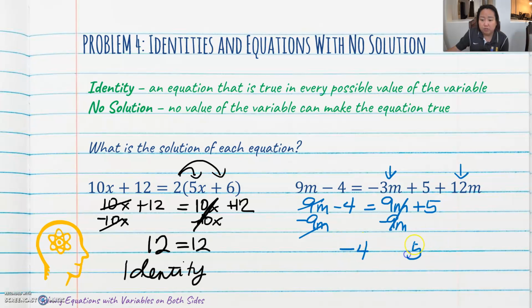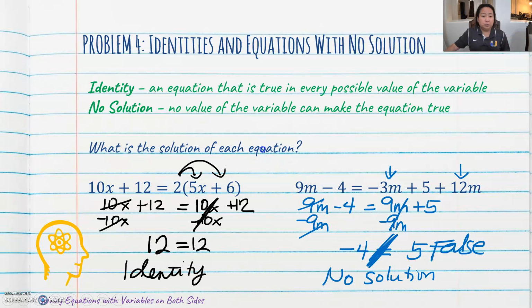You have a positive 5 on the right side. And it says there that they are equal. Are they really equal? Definitely not, okay? So this is false. And so this means that if your equation is false, that's when you have no solution, okay? So that's pretty much it.